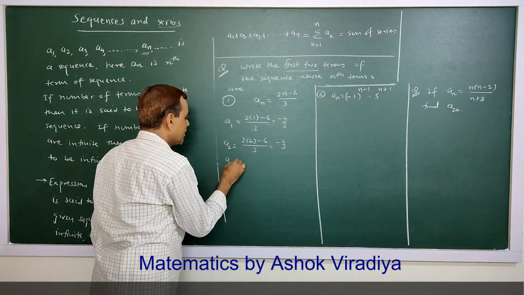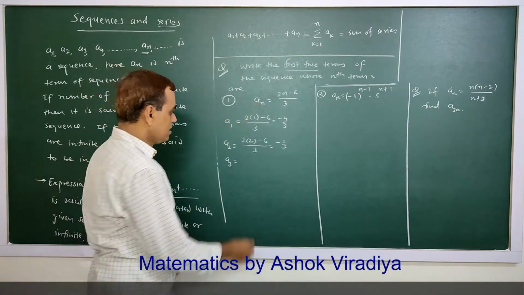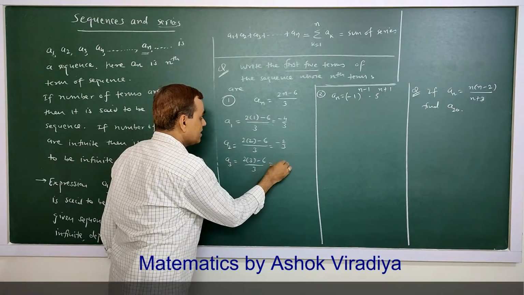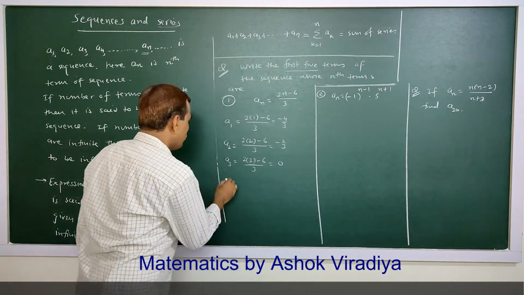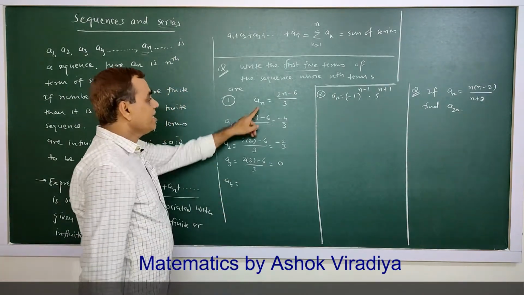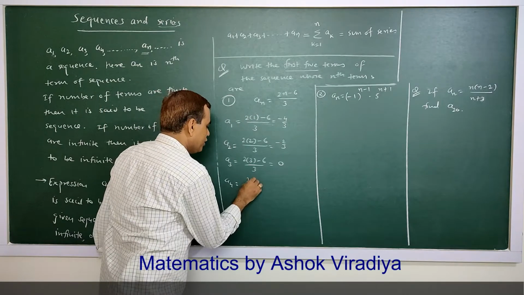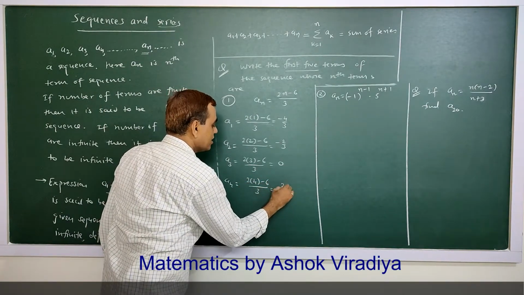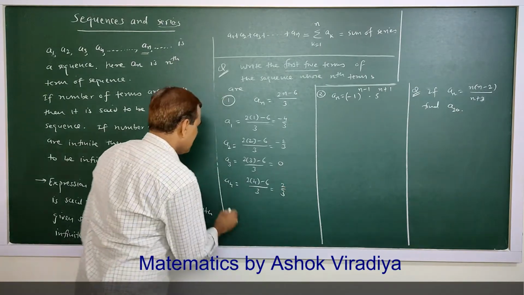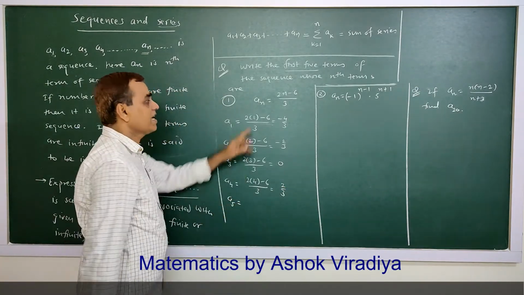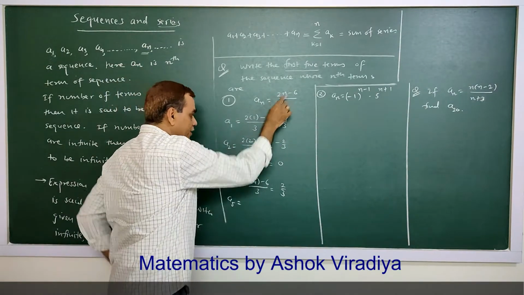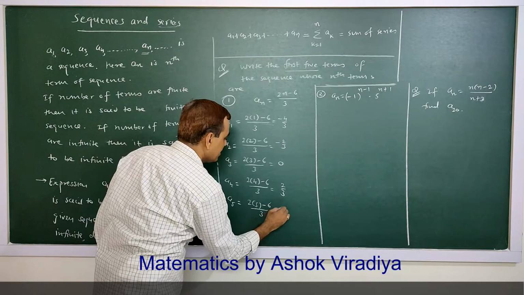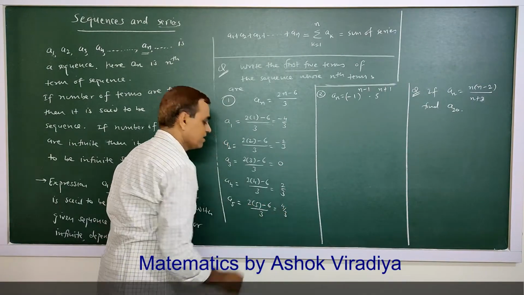Putting n equal to 3, (2 into 3 minus 6) by 3, so it is 0. Putting n equal to 4, (2 into 4 minus 6) upon 3, so 8 minus 6, 2 by 3. Then n equal to 5, 2 into 5, 10 minus 6 by 3, that is 4 by 3.